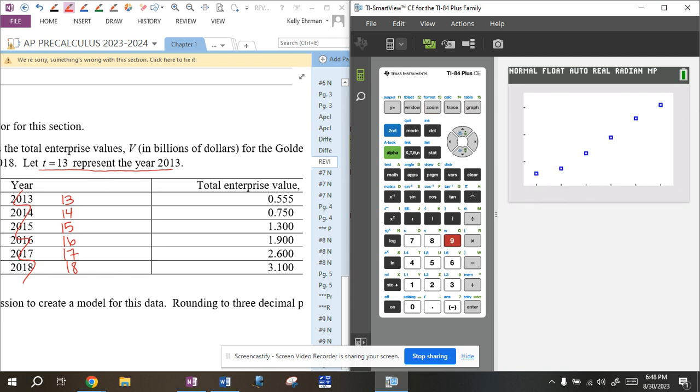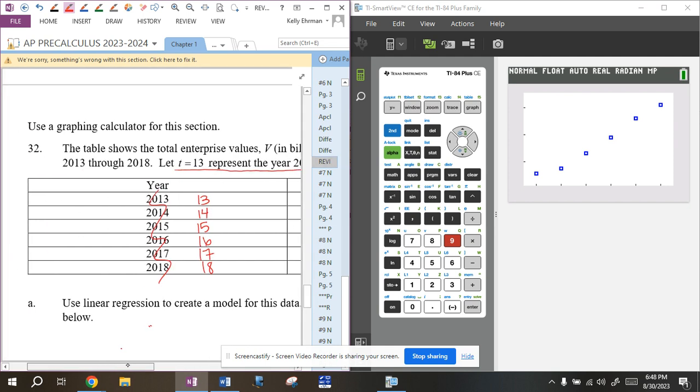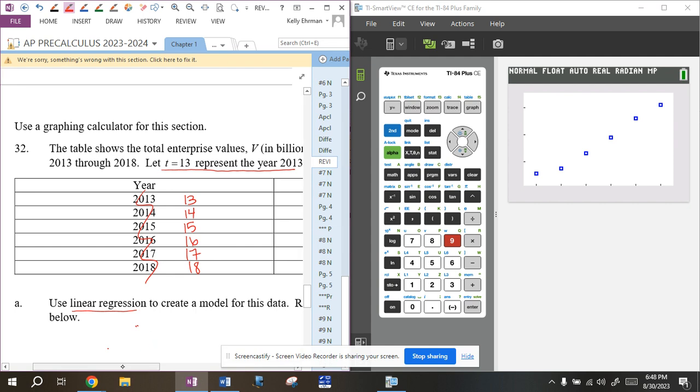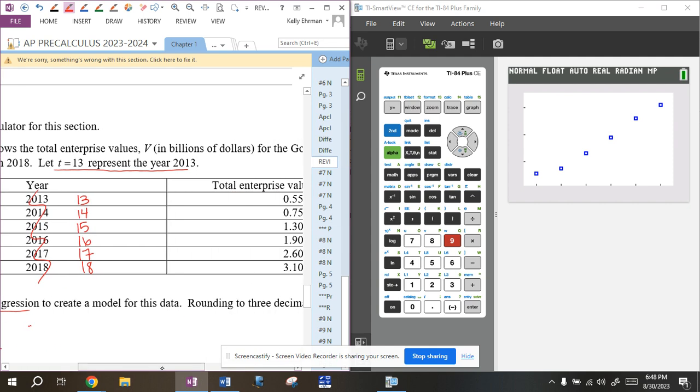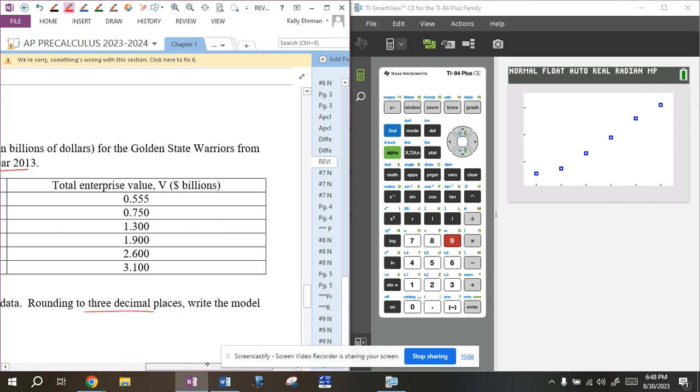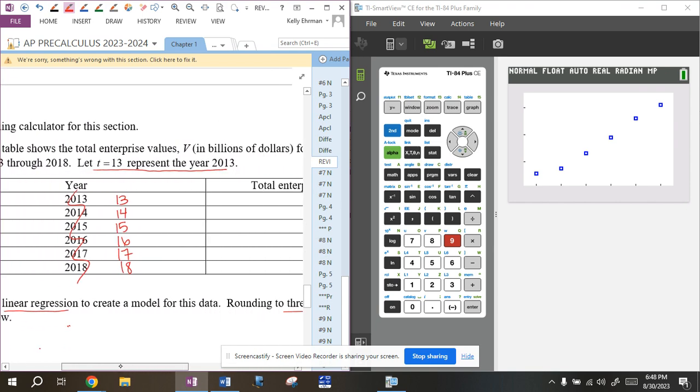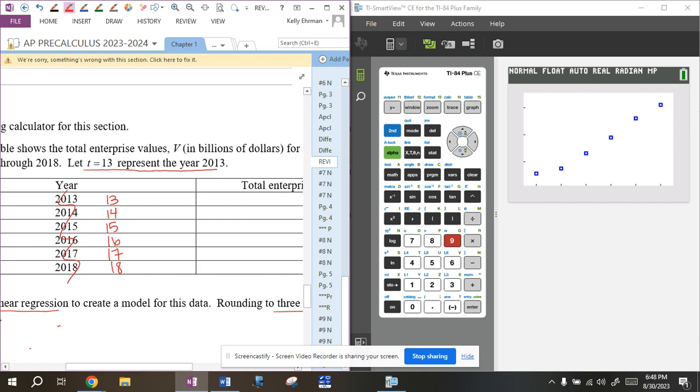I don't know. The first question says, use linear regression to create a model for this data. Rounding to 3 decimal places, write the model below. Okay, so I want the line of best fit for this data.